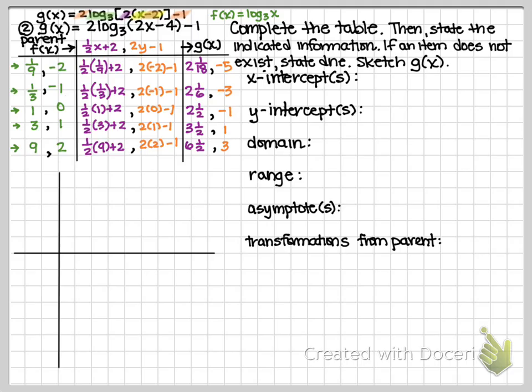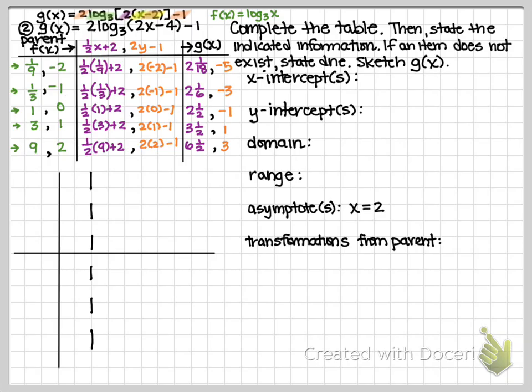Whatever x value makes that 0 inside is where my vertical asymptote's going to be. So my asymptote's actually going to be at x equals 2. I'm going to go ahead and put that on my graph. And just a reminder, logarithms always have a vertical asymptote, and it's always the thing that makes the inside 0.